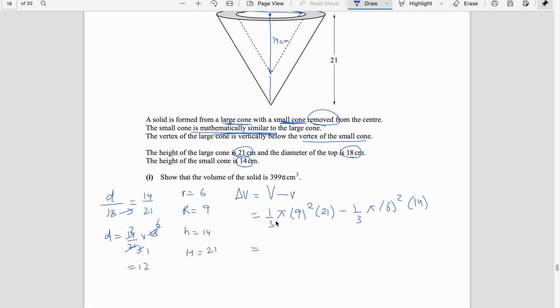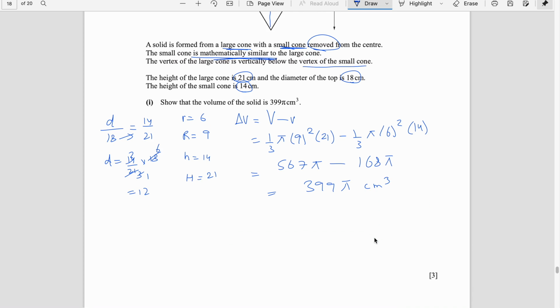And when you use your calculator, 1 by 3 into 9 square into 21 is 567 pi minus 168 pi. And subtracting these two, we get 399 pi cm cube. Shown.